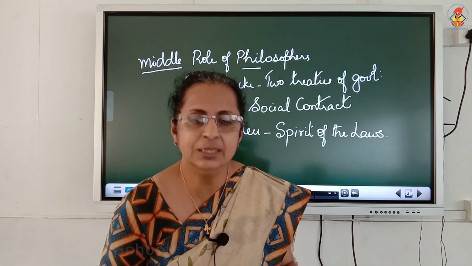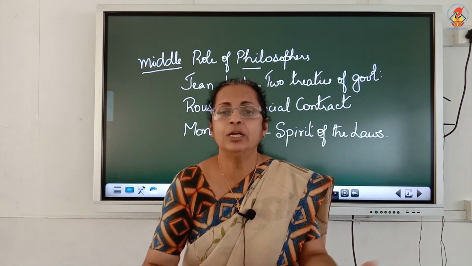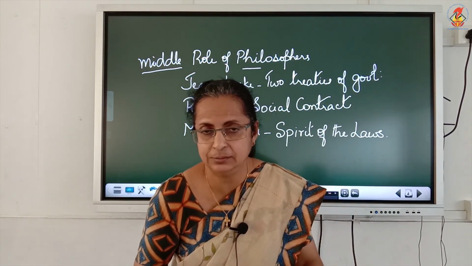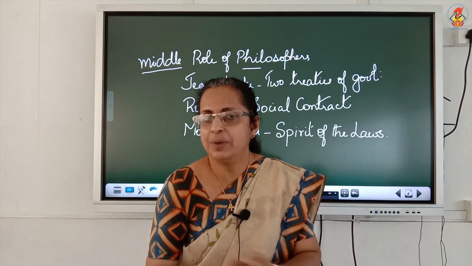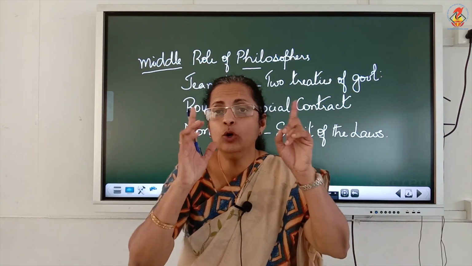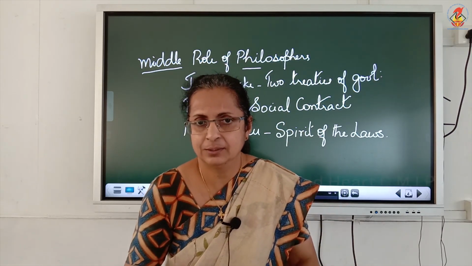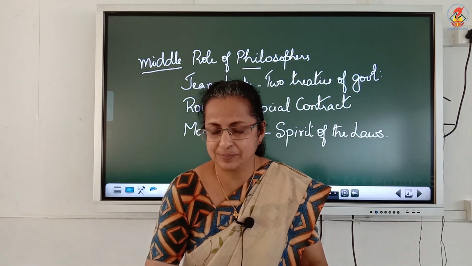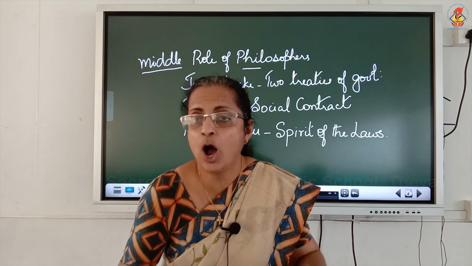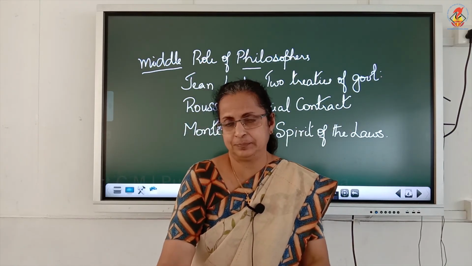Understood? This is the first part of the lesson. What were the reasons for the French Revolution to happen? People being totally dissatisfied with the rule being in the hands of one single person. At that time it was Louis XVI. How a certain section of the people were discriminated against in society.